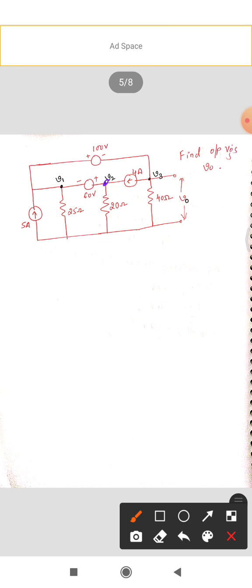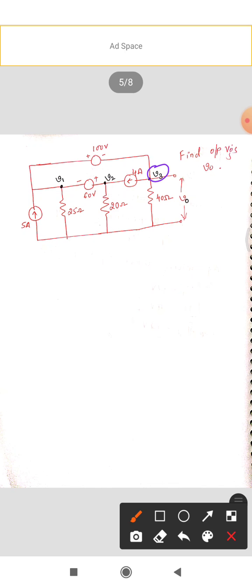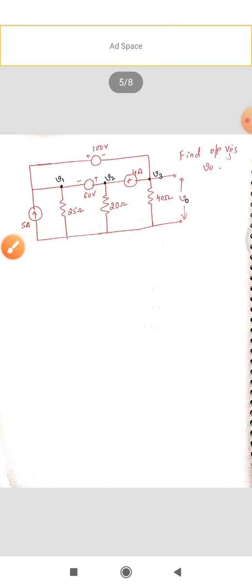Another one, go to the second one, that is V2. At V2 you have 3 branches: one is a voltage source, another is a current source, another is a resistance. Come to the third one: you have 3 branches, the current source, resistance and voltage source.